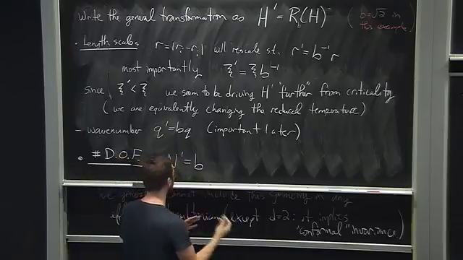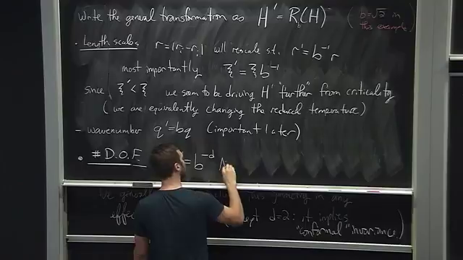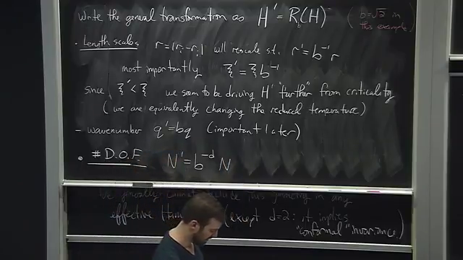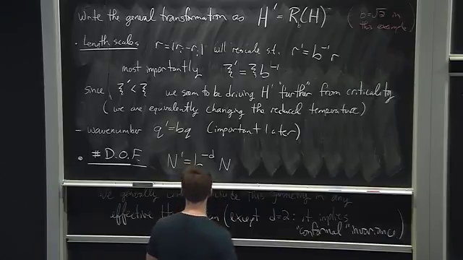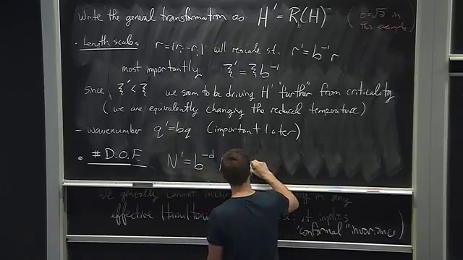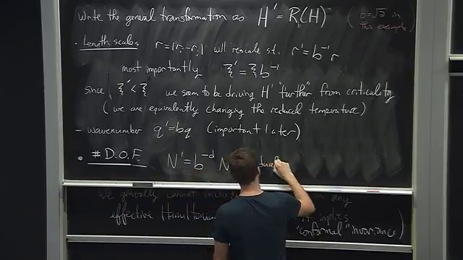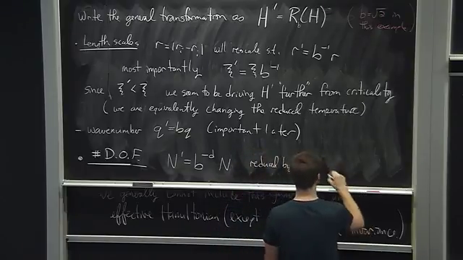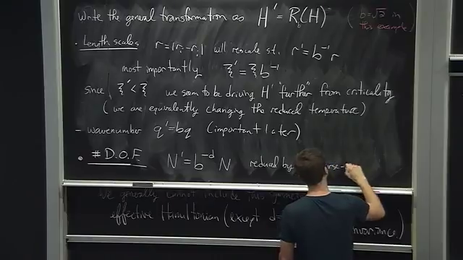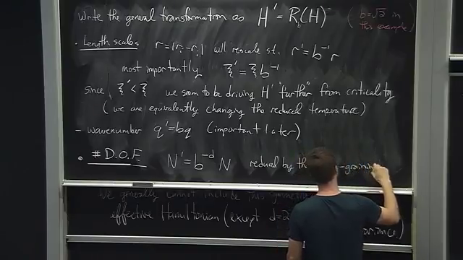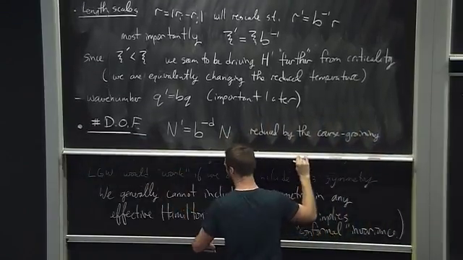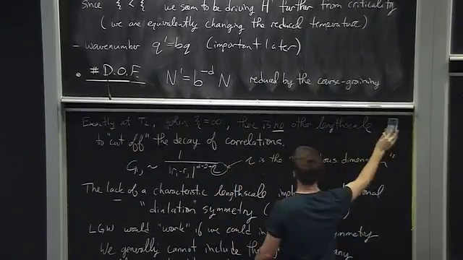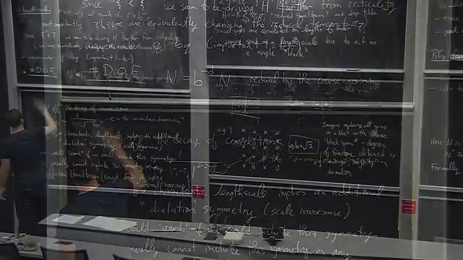D is a linear length scale, so it's B to the minus d N. Okay, so the total number of degrees of freedom is reduced by the coarse graining. Makes sense?